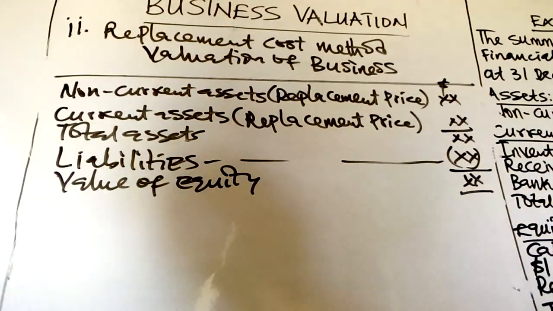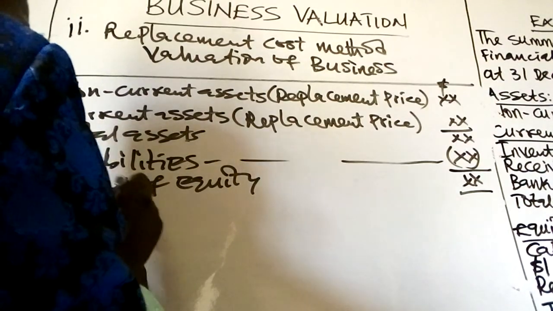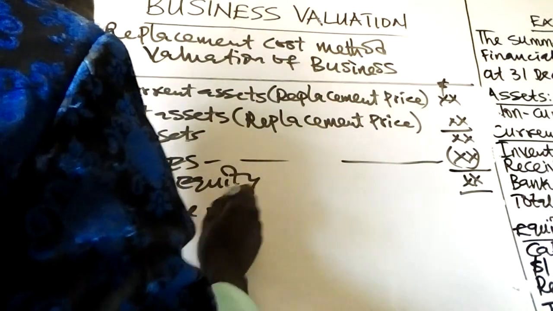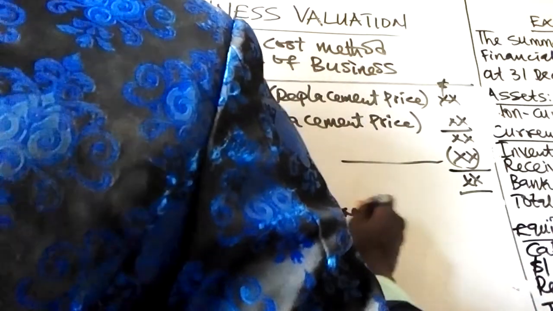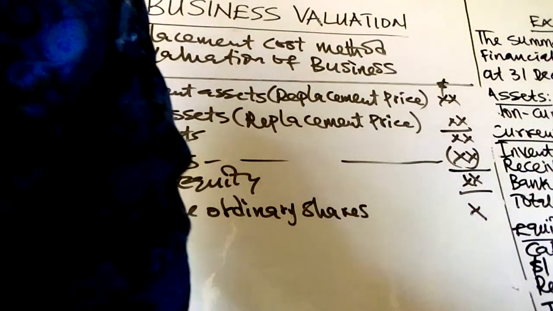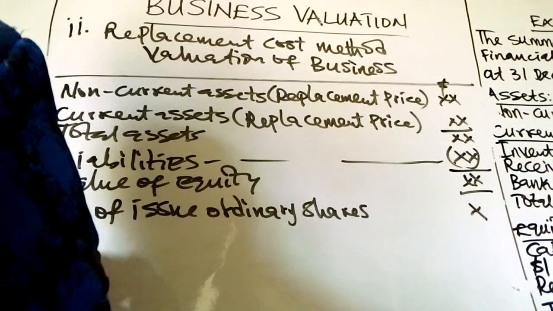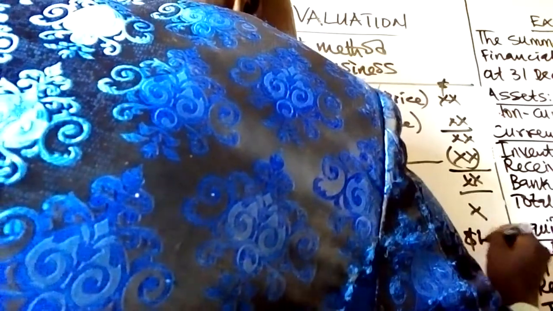Then from that, you now have the number of issued ordinary shares. It could be X shares. So when you divide this by this, then you get the value per share. It could be so many dollars or cents.